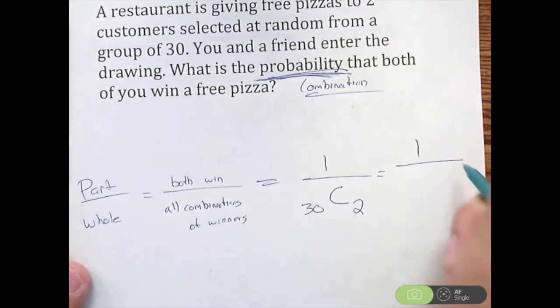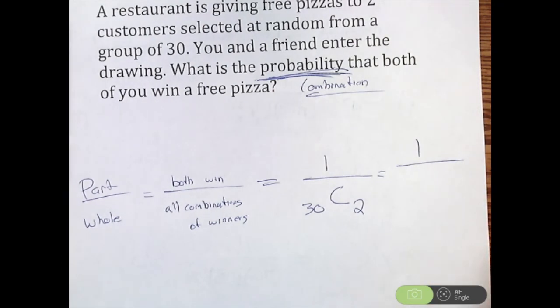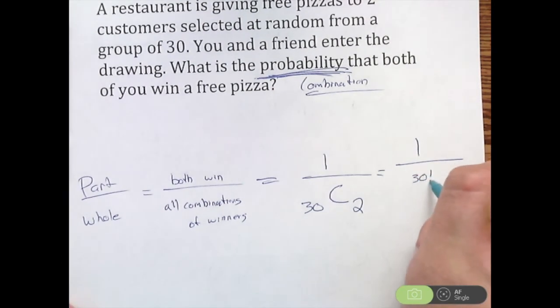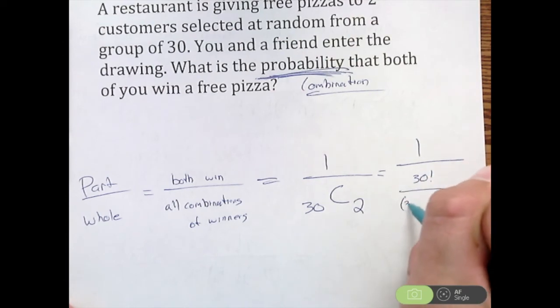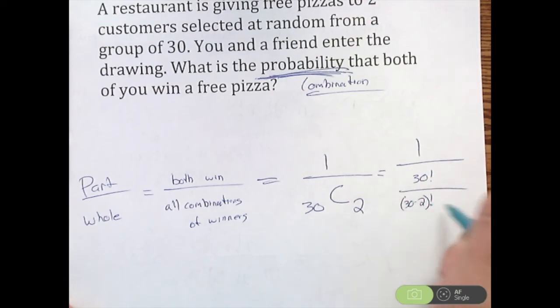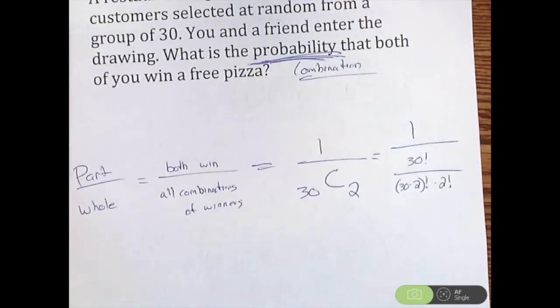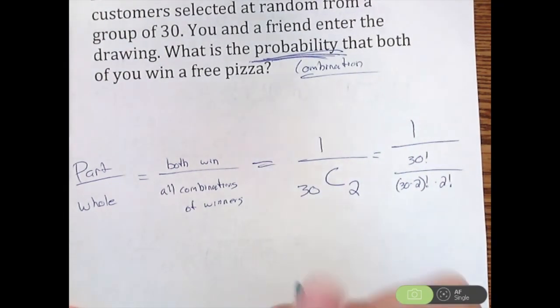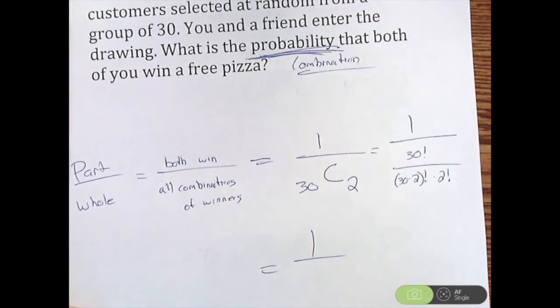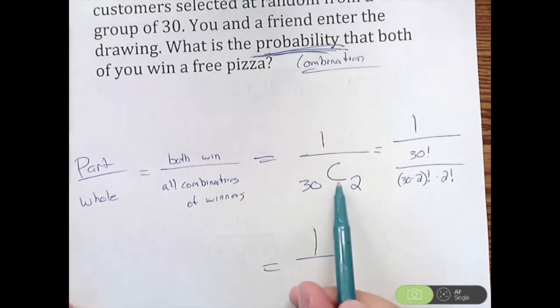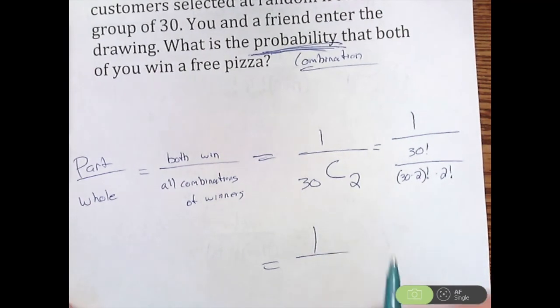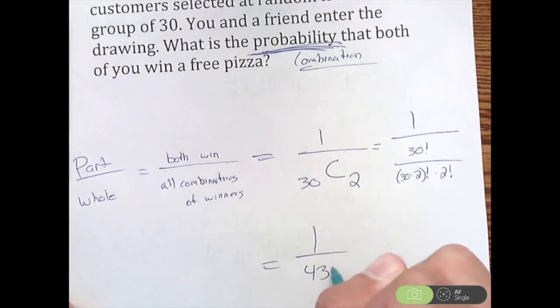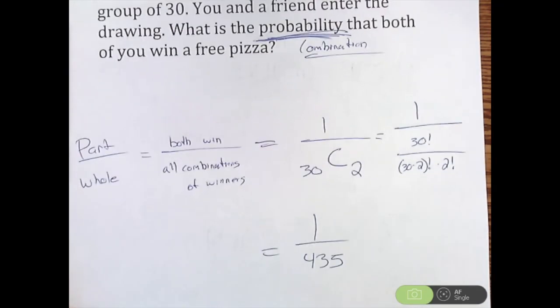That's the same as 1 divided by 30 factorial divided by 30 minus 2 factorial times 2 factorial, but I'm just going to use my calculator to figure out that bottom piece. The top is still 1. 30 combination 2 on a calculator gives 435.